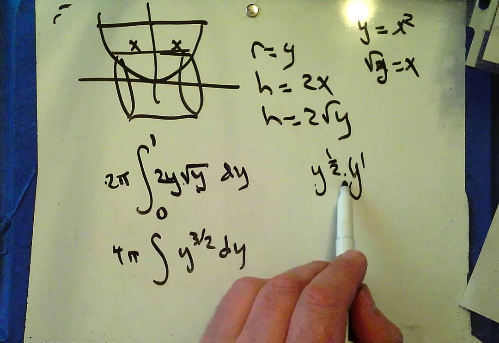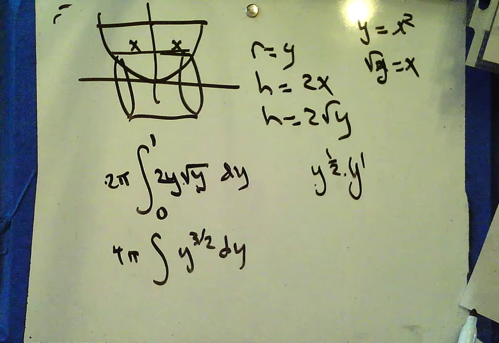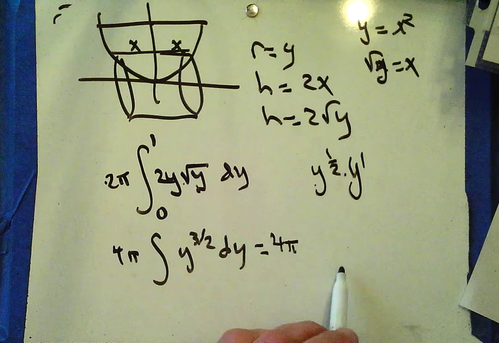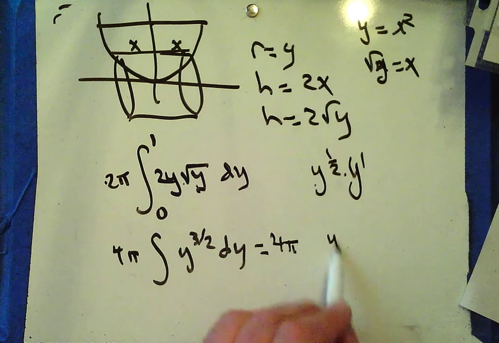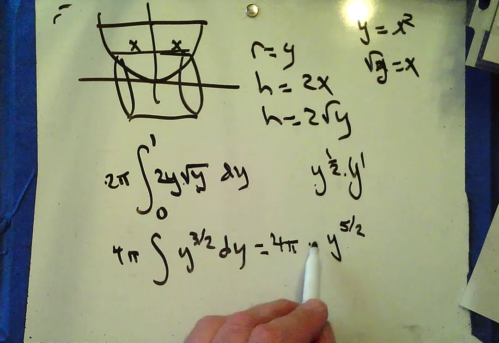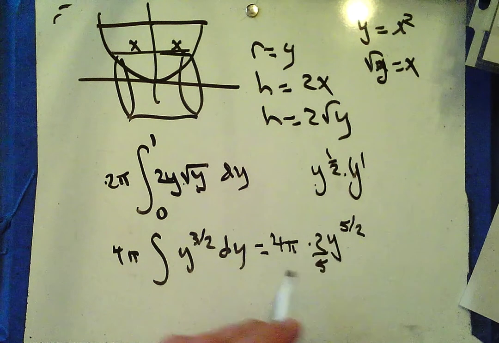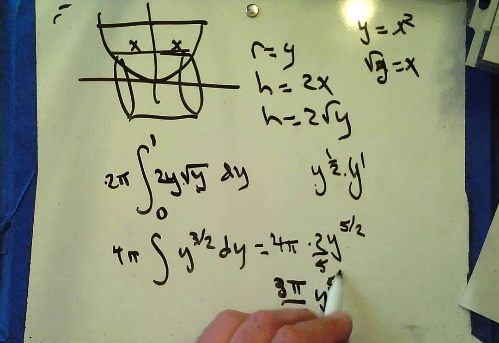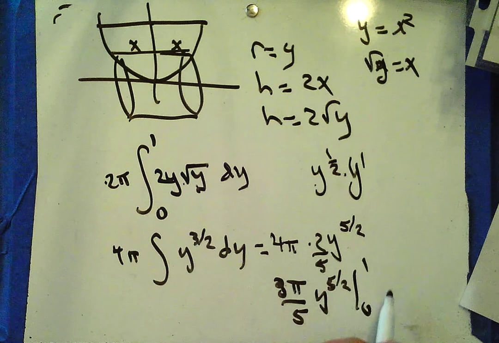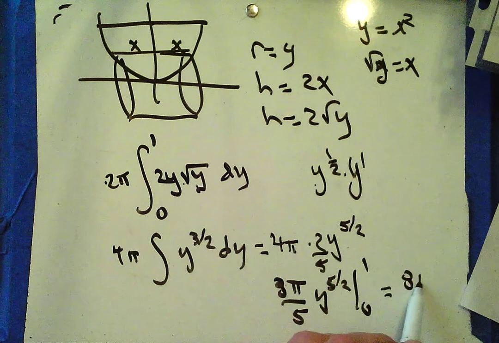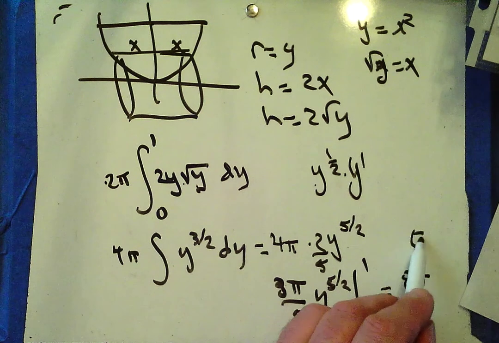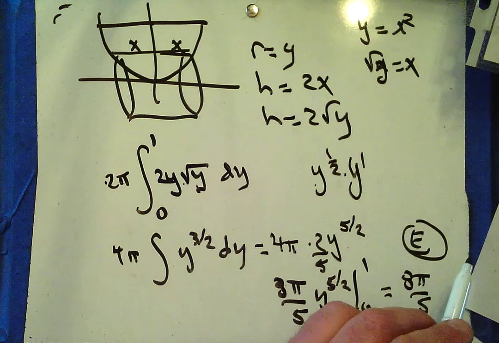When the bases are the same and I'm multiplying, I add the exponents. That makes 3 halves. The antiderivative here then would be y to the 5 halves with a 2/5 out in front. So I get 8 pi over 5, y to the 5 halves, from 0 to 1. And so I end up with 8 pi over 5. 8 pi over 5 is choice E. E for number 23.